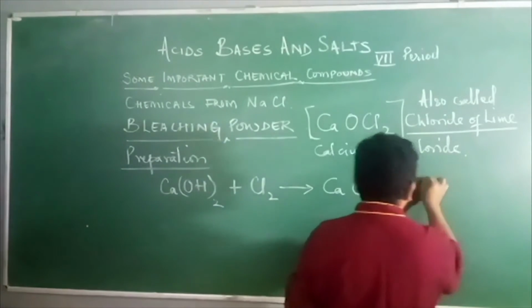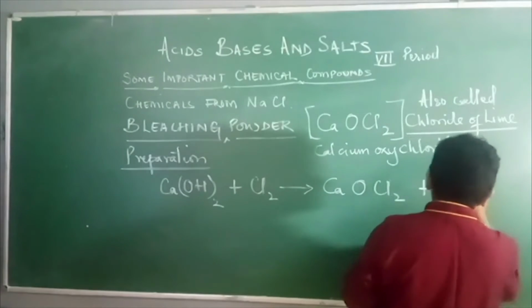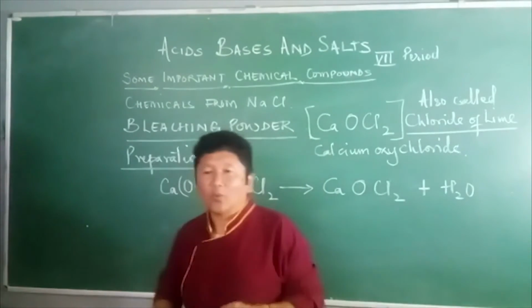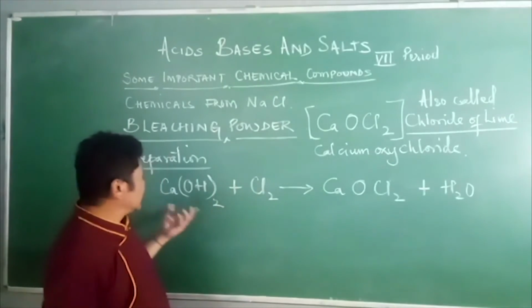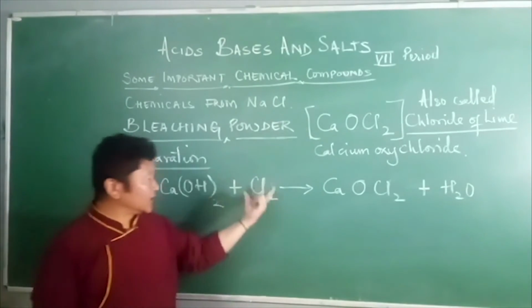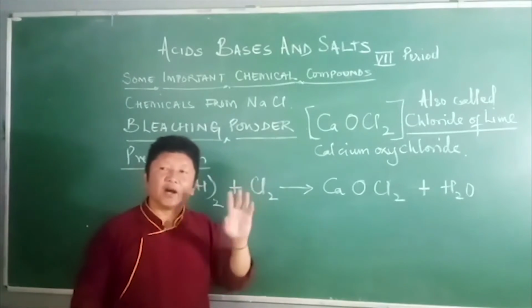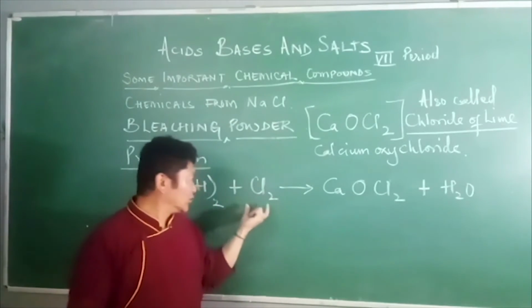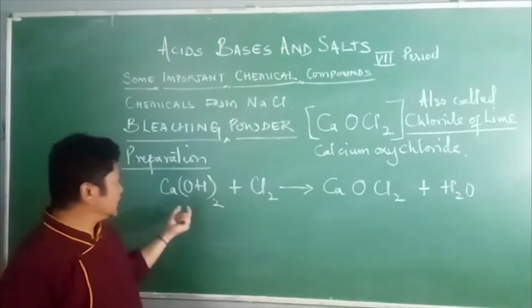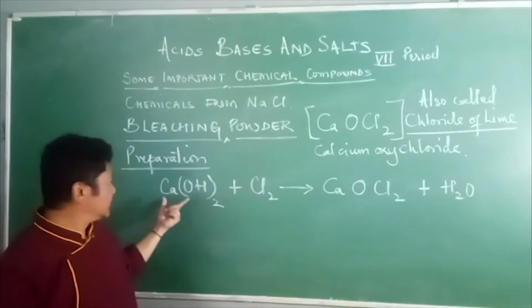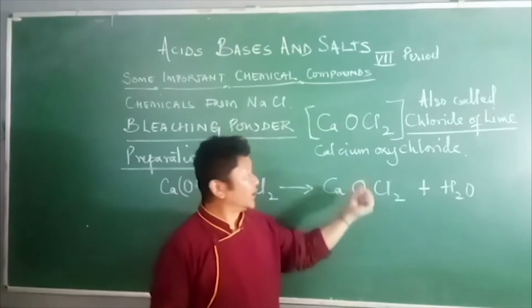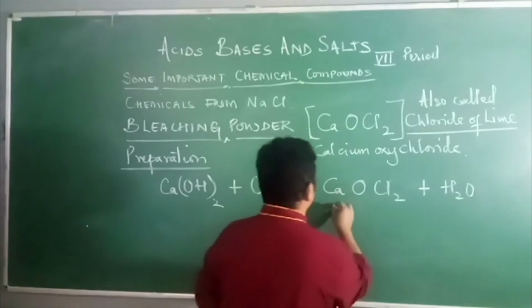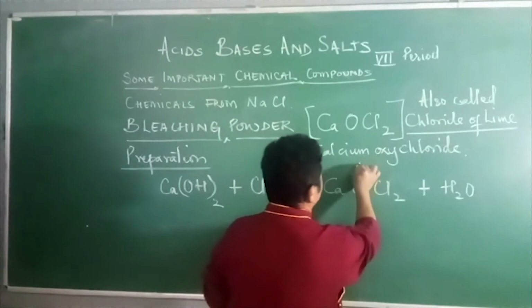We are going to get water there also. That is the preparation: chlorine is obtained from the chloroalkali process, and when the chlorine is passed over calcium hydroxide, we get calcium oxychloride, that is bleaching powder.